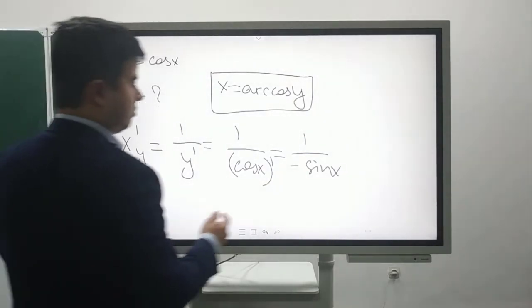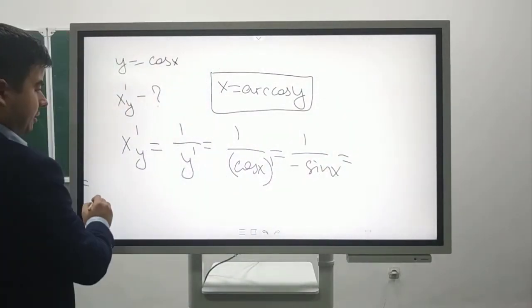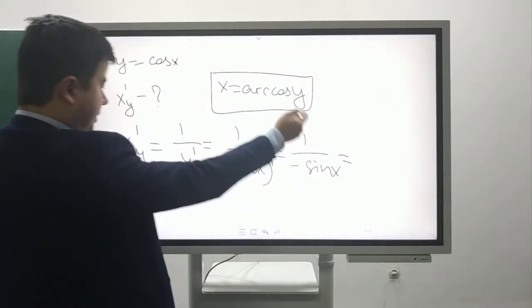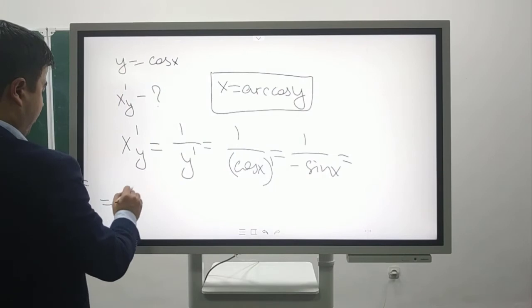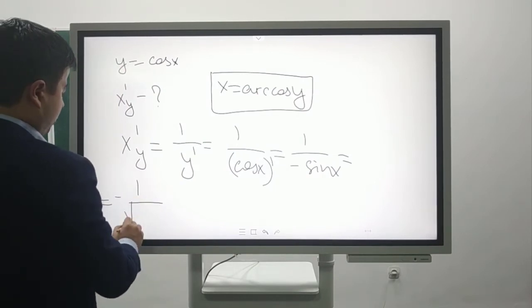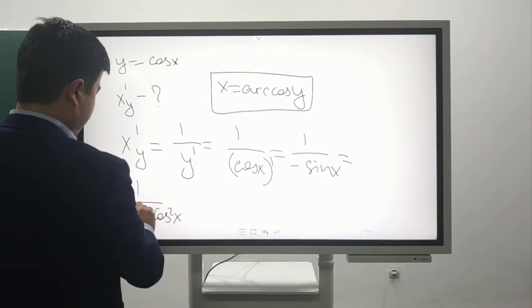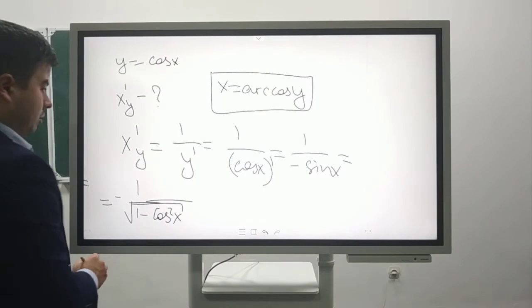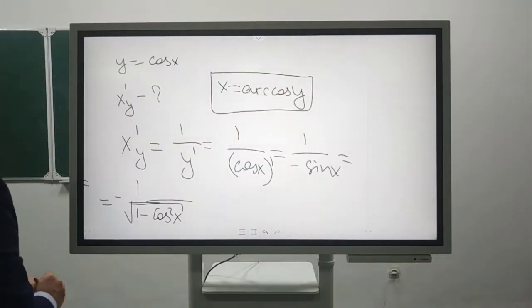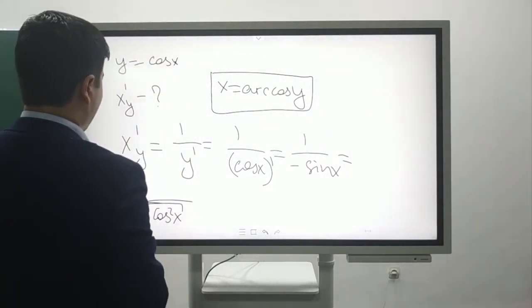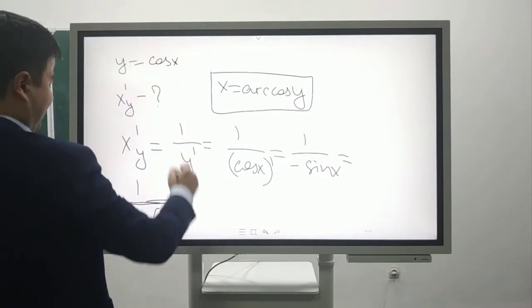And now we can write here, instead of sine x, using the trigonometric identity, minus 1 over the square root of 1 minus cosine square of x. So cosine x is our y.